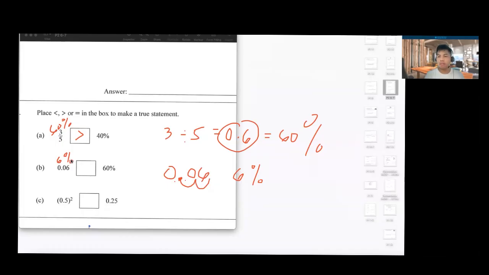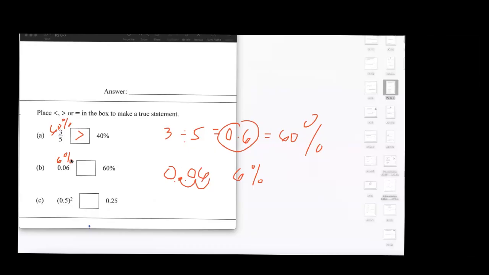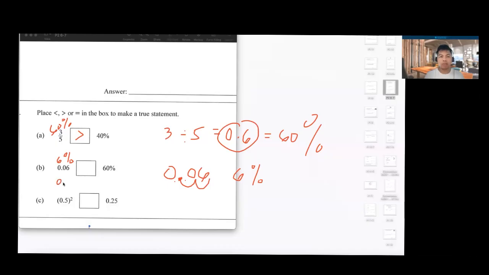You see that, Malia, Madison? Yes. Okay. Because 60% is 0.6, and this is 6%. So these two are different, right? Therefore, 6% is less.